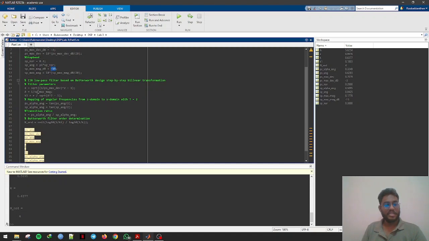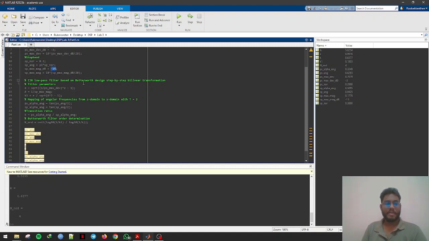A is calculated using the maximum stop band deviation, SP max, which sets the magnitude of the frequency response for the stop band. K1 is derived using E and A as the ratio of E divided by the square root of A squared minus 1.